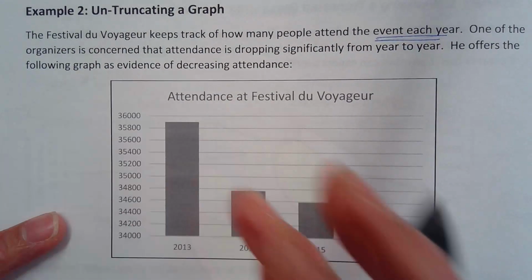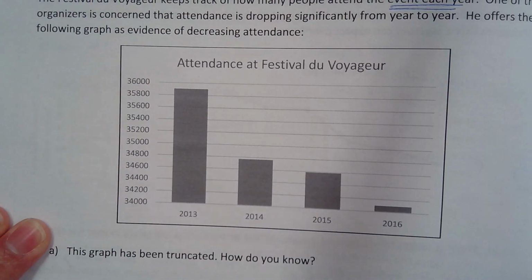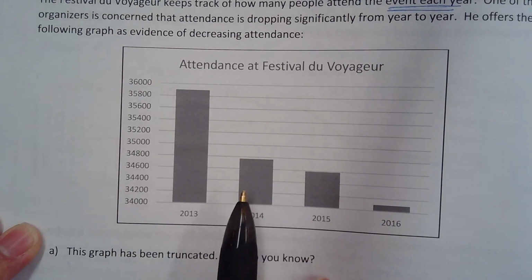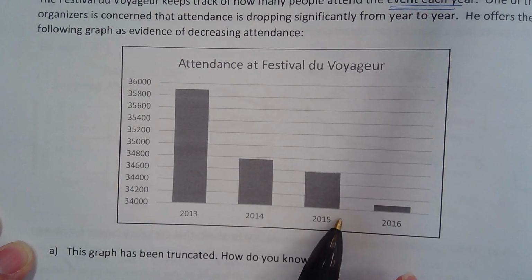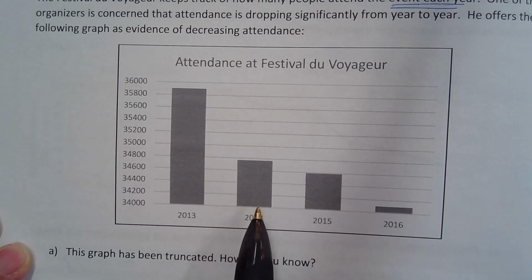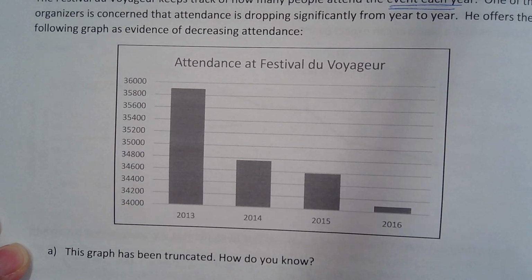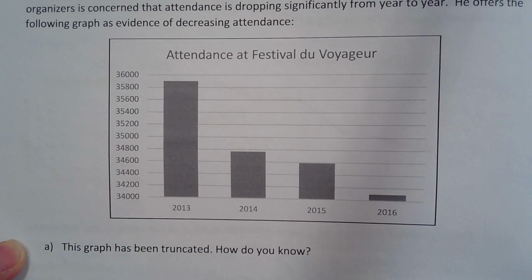He offers the following graph as evidence of decreased attendance. Oh my gosh, look at this. It's really, really bad, right? Is it really that bad? If I'm looking at this, I would be like, oh, Festival de Voyageurs is in trouble.